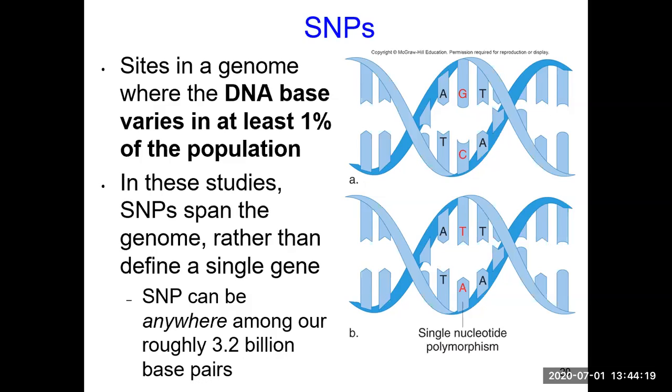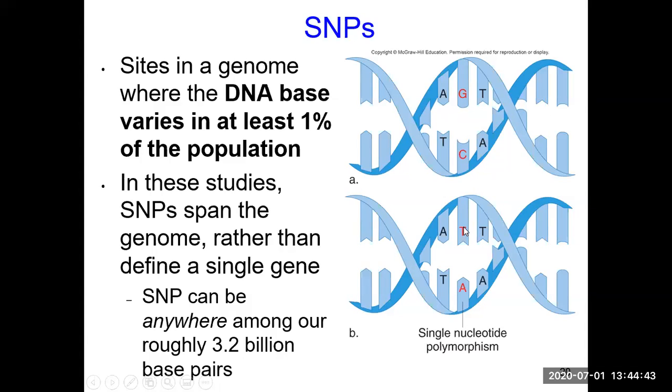So we call all of these mutations. When do we call it a single nucleotide polymorphism? If you see that this is the most common type, that most people in a population show AGT, okay? But very few people are showing ATT, then you count how many people are showing ATT. And if at least 1% of the population show an ATT, then it will be considered a single nucleotide polymorphism.